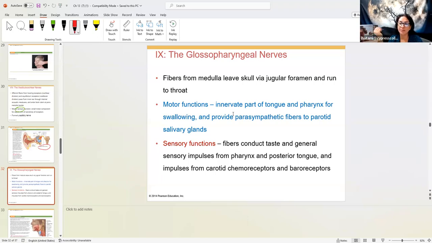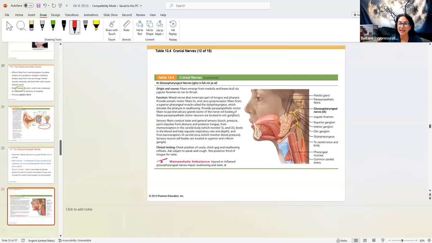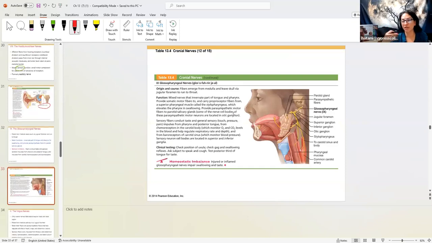And the parasympathetic fibers are going to innervate the parotid salivary gland, which is the largest salivary gland, found anterior to our ear. Let's review the glossopharyngeal nerve with this picture. As you can see, the glossopharyngeal nerve comes from the medulla oblongata.